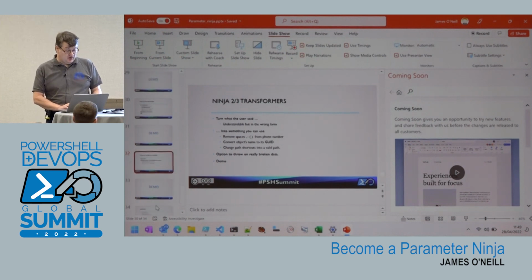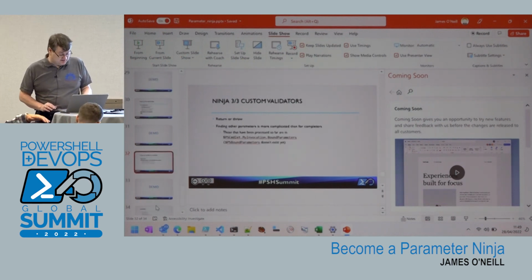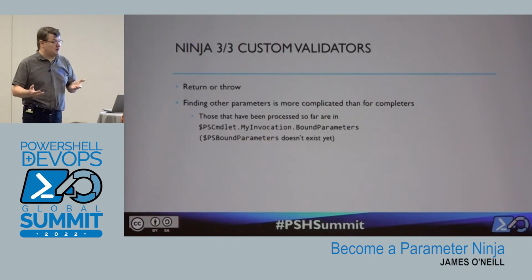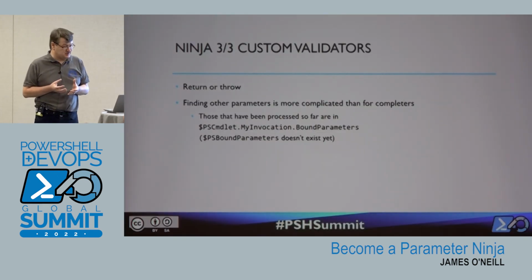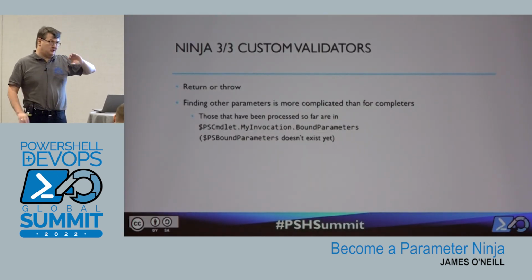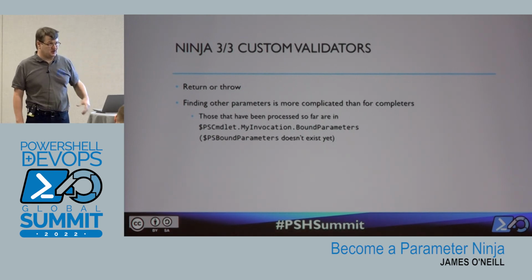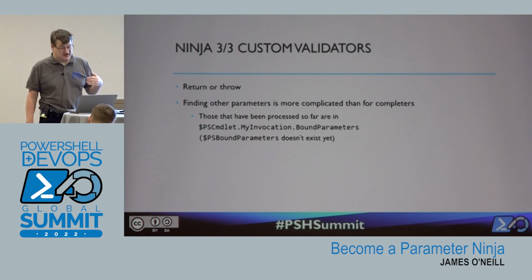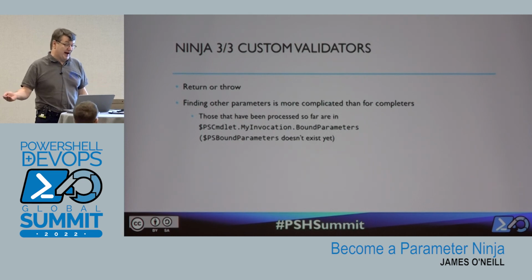And then the final one on those is custom validators. Now, the job of a custom validator is exactly what it says. It's write your own validator, but do it as a class. So where the completer just sent back possible values, the transformer changed the value and potentially threw an error, the job of the validator is basically throw an error or come back.